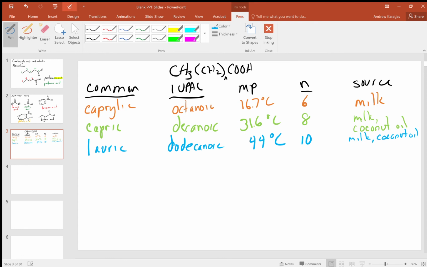And lauric acid is used fairly extensively in soaps. At 14 carbons, we have myristic acid. Myristic acid is most commonly found in nutmeg.